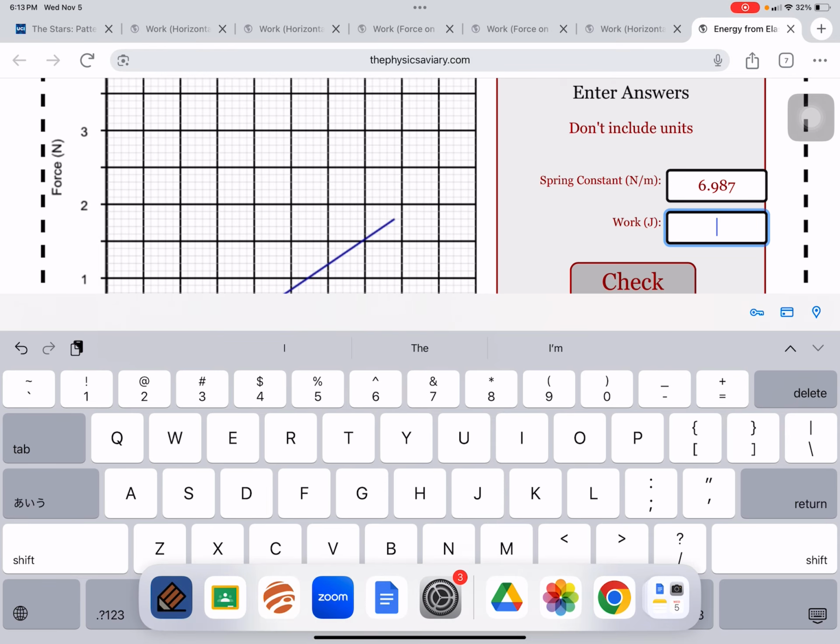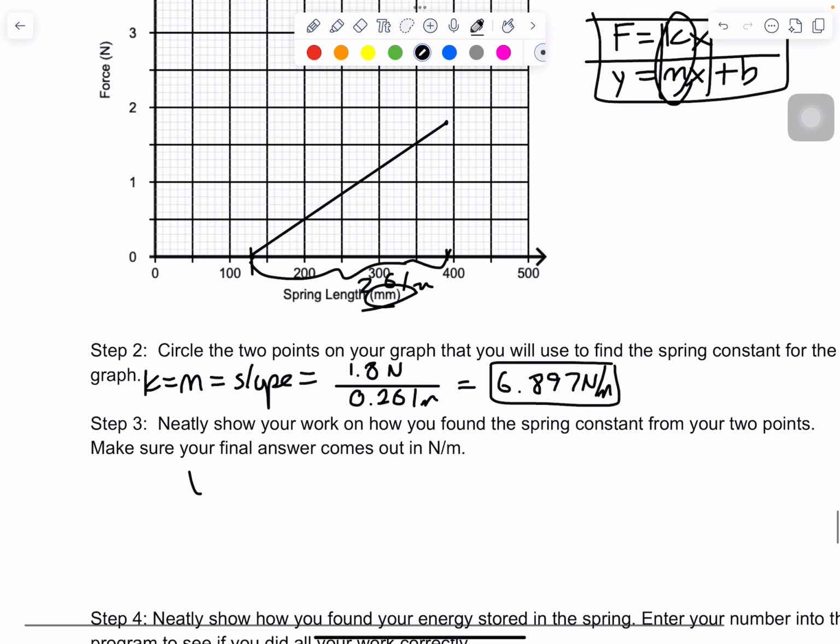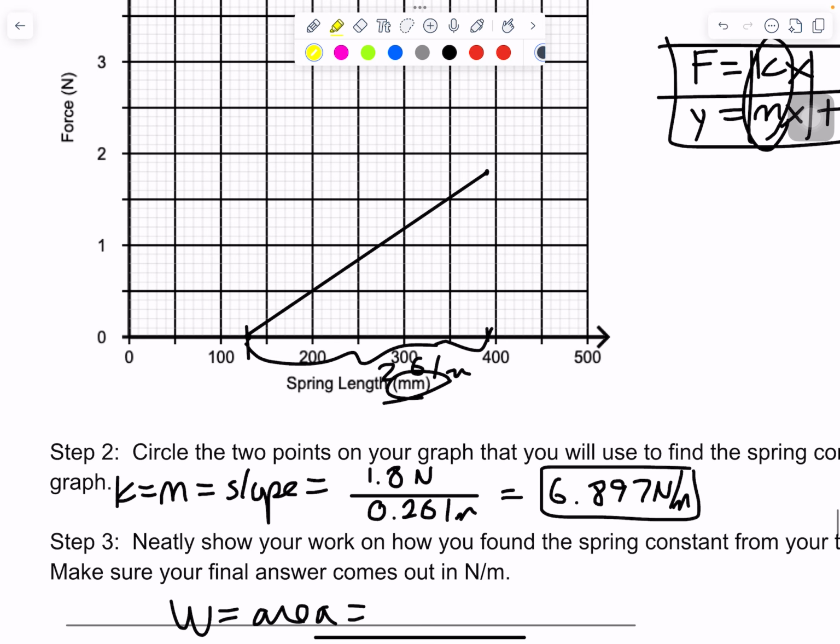Now to get the work, we did this the other day in class. To get the work from a force distance graph, all you need to do is find the area, which you can see is going to be triangular in this problem. That's simple. You already have the base because that was the run, and you already have the height because that was your rise for your slope.